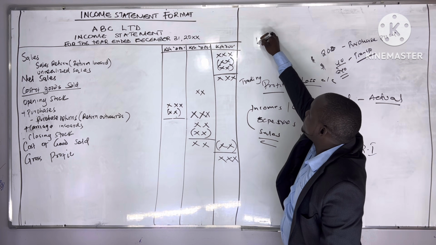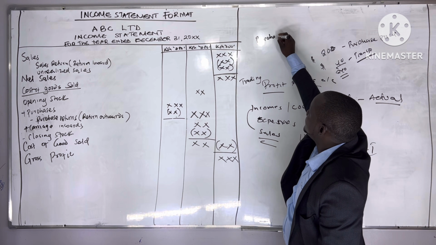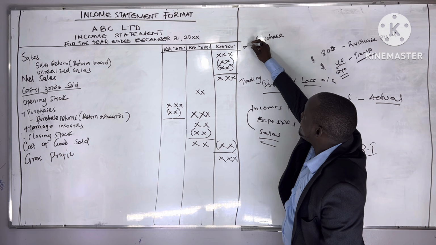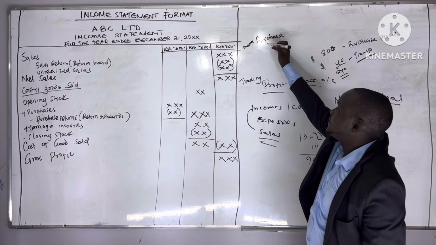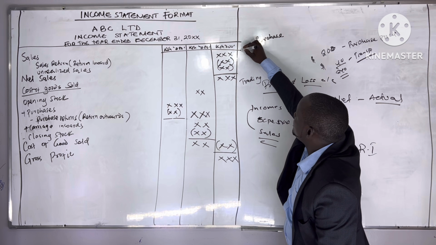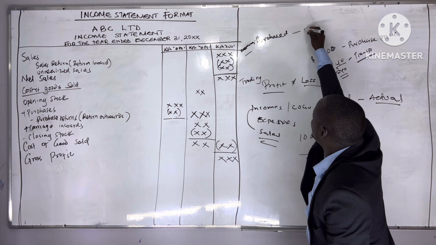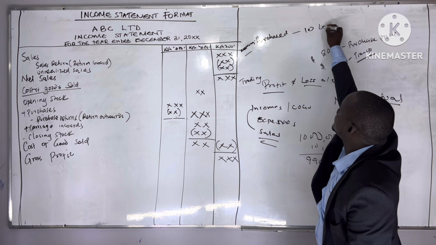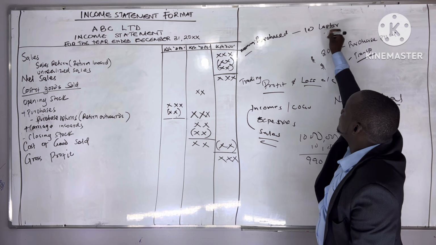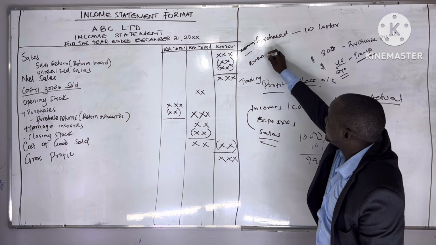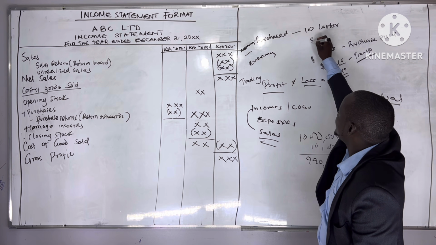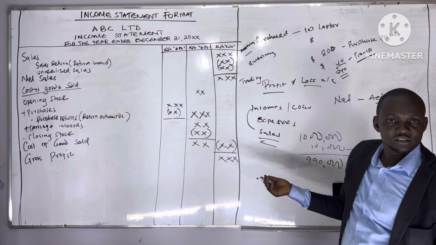For instance, if in the morning you purchased around 10 laptops, but in the evening you are remaining with 8, how many have you sold?